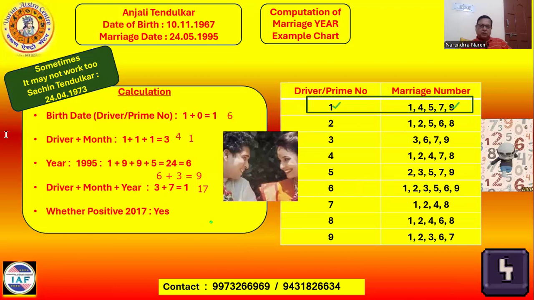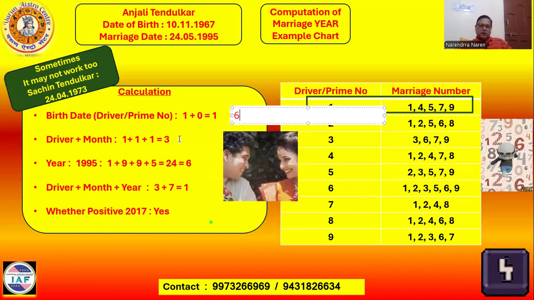Let us correct it. Let me delete all the figures here in order to remove the doubts. Let us see. From the birth date we are getting 6.